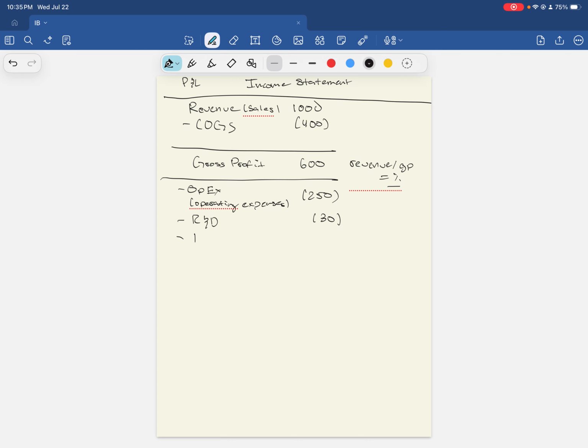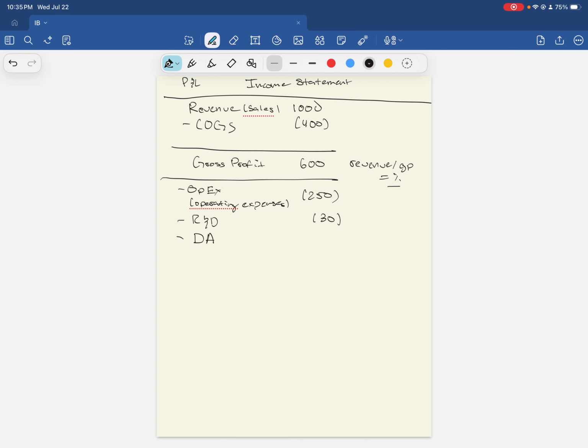You subtract out your D&A. What is D&A? Depreciation and amortization. Basically, say you have an asset that is depreciating in value. You're going to have to subtract that out, but it's a non-cash expense. D&A is a non-cash expense. Say you buy a car right now for $30,000.